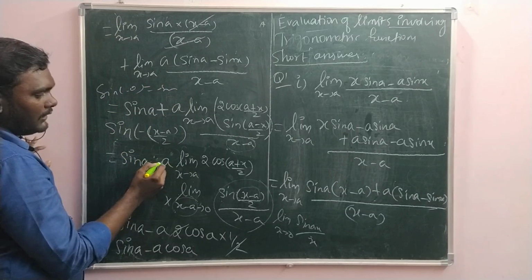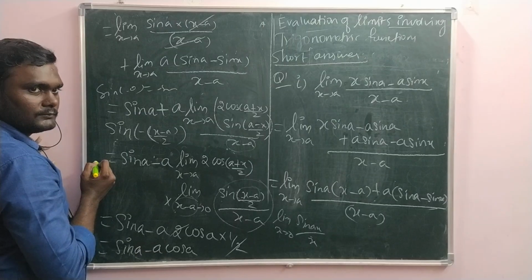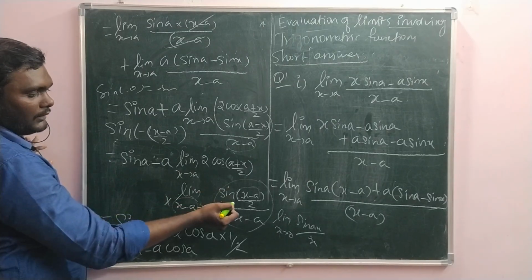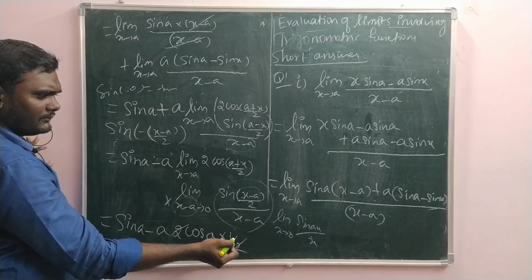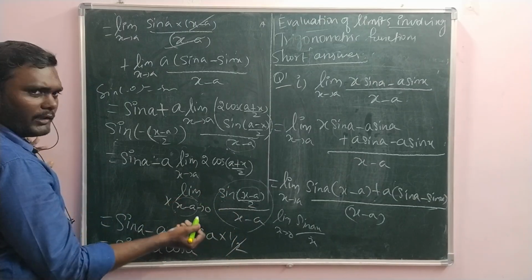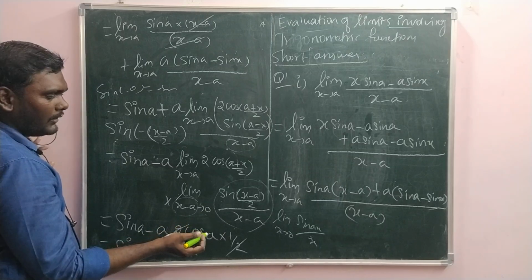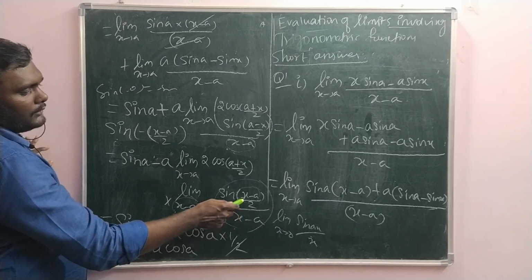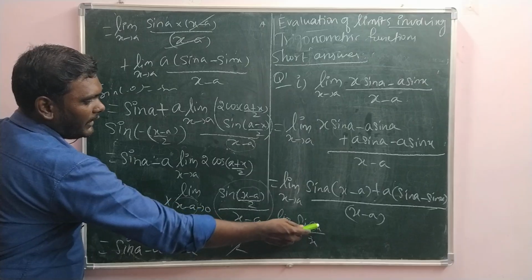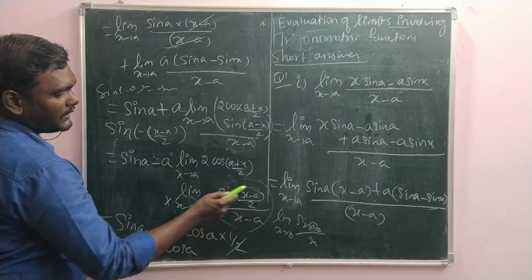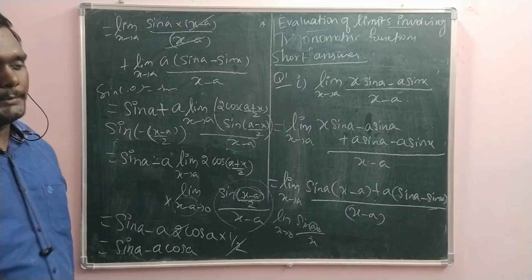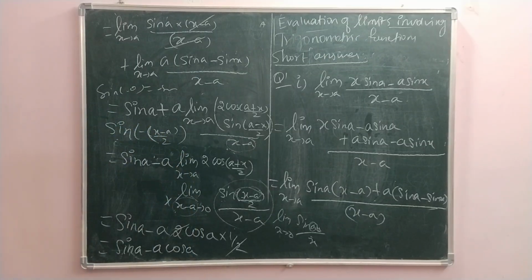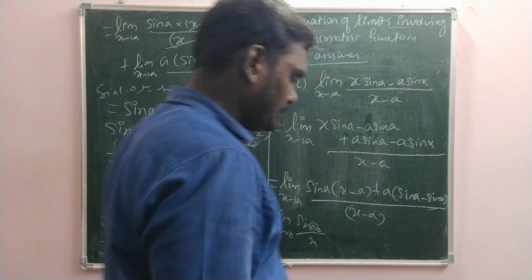So this plus is being converted into minus. So here I wrote sin of x minus a. All of the things are correct, right? Okay. Then the coefficient of x minus a is 1 by 2, so this 2 gets cancelled. This is the final. Okay.